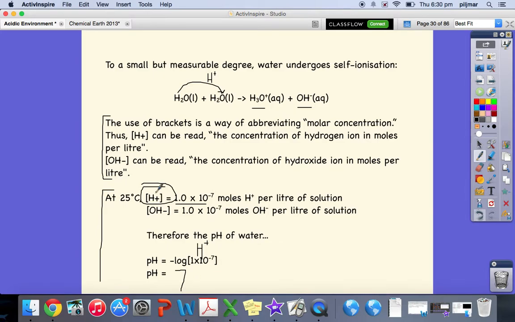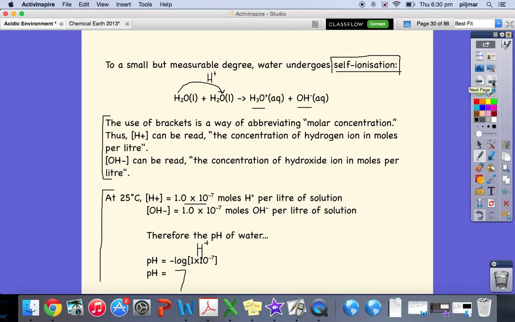Neutral. In water, there's this idea of self-ionization, that water will ionize with itself. Not often, but just enough so that there are 1 times 10 to the negative 7 moles per liter of hydrogen ions.